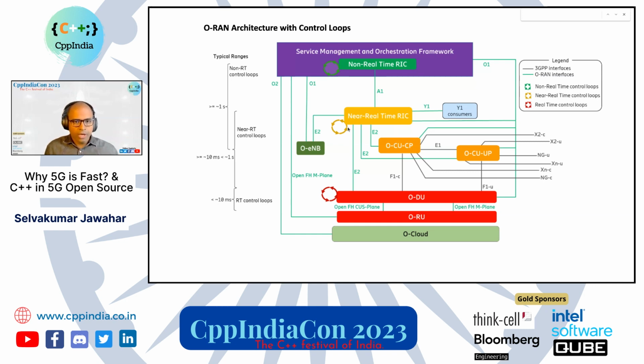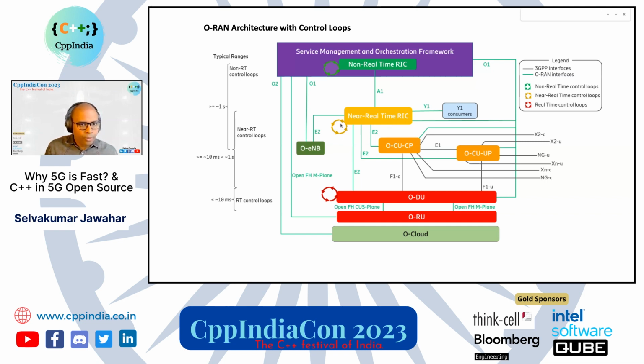Because it gets information about the different users connected in the network, based on its machine learning algorithms or some other algorithms, it can decide which policies need to be set for a user and push them.